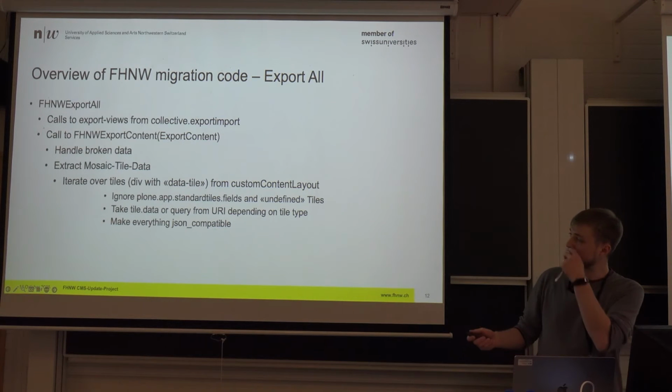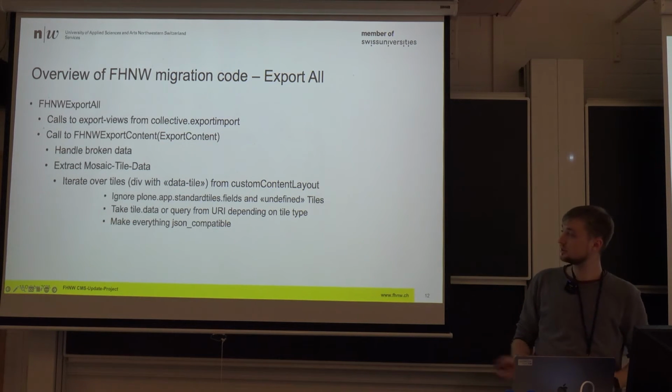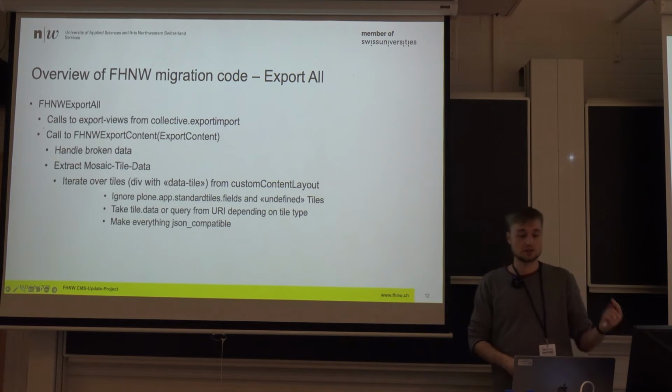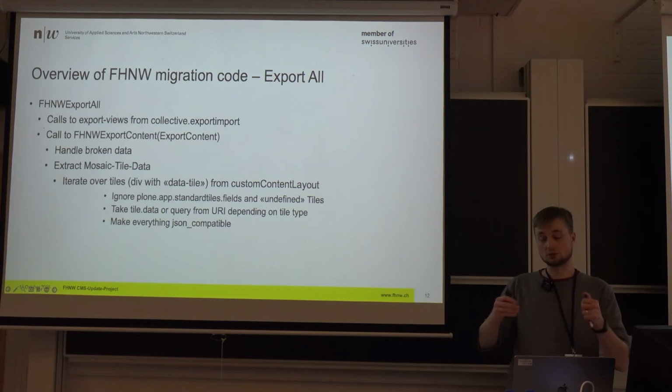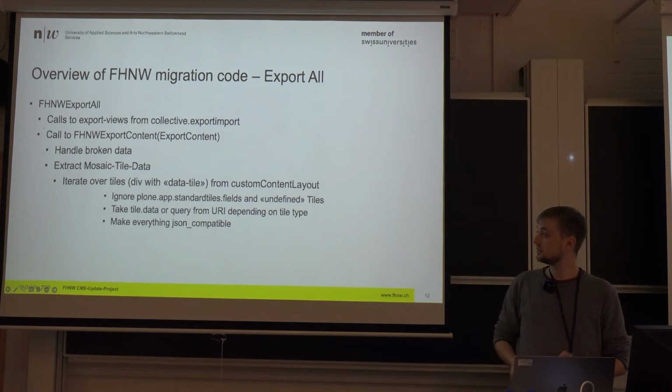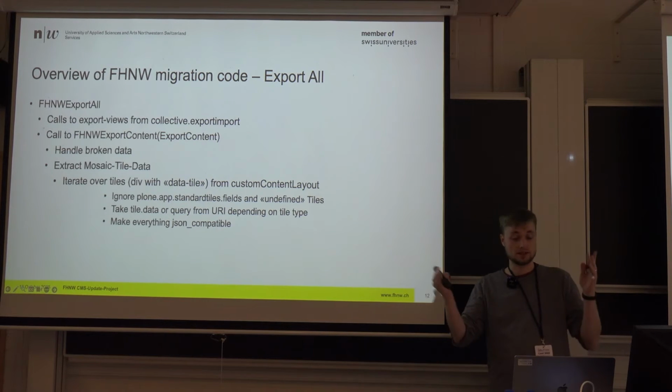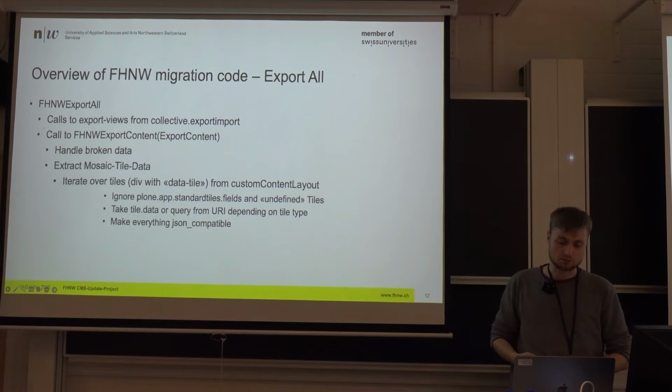We have done that with an iteration over the custom content layout, where we try to find every div with the data-tile attribute. And then you have the most basic information. Depending on the tile type, there are different tile types, you handle them differently by taking tile data, or for example, querying the URI.